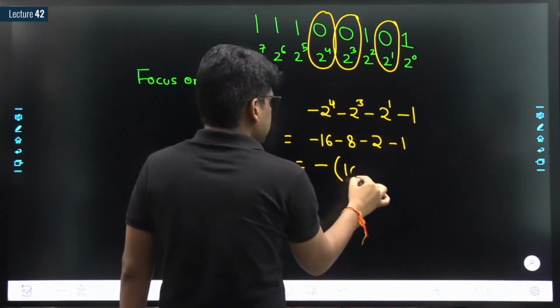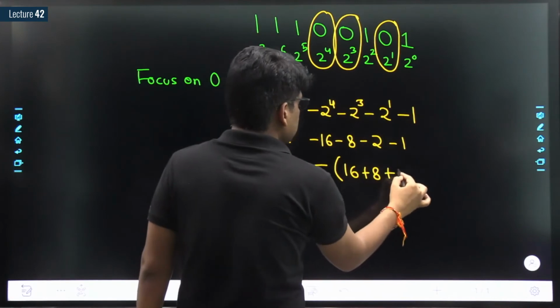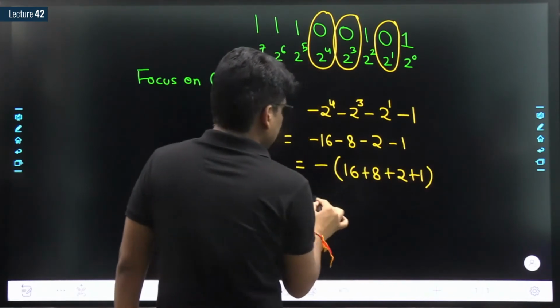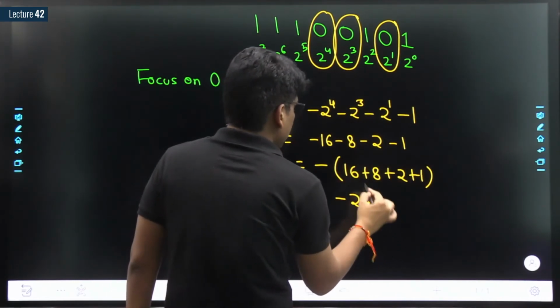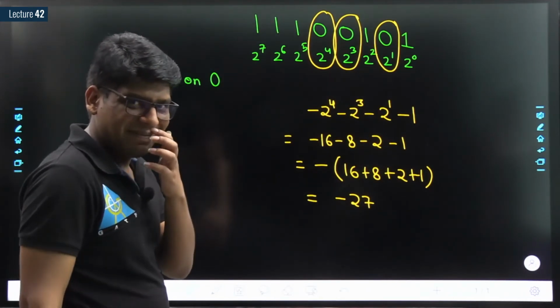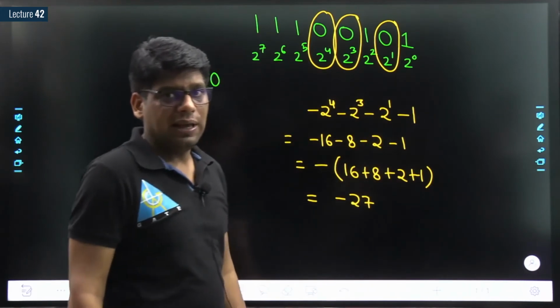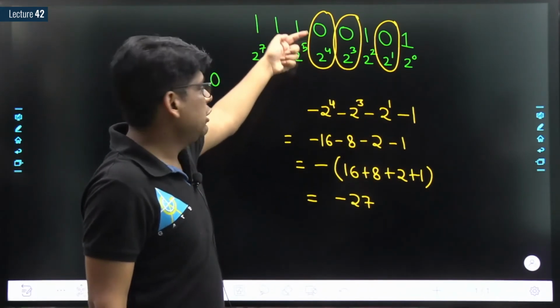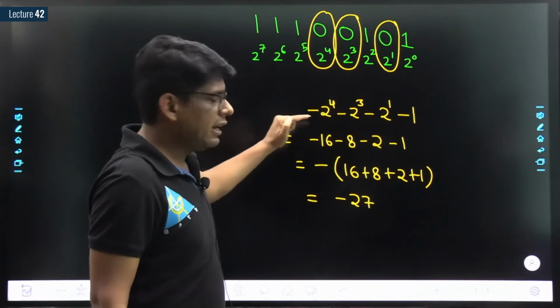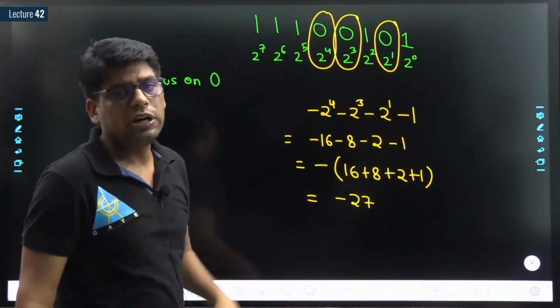Minus of 16 plus 8 plus 2 plus 1. That means it is nothing but minus 27. Is it so? Yes, sir. One extra minus 1, and for all the place values of 0 along with a negative sign, just sum them up. You get the answer.